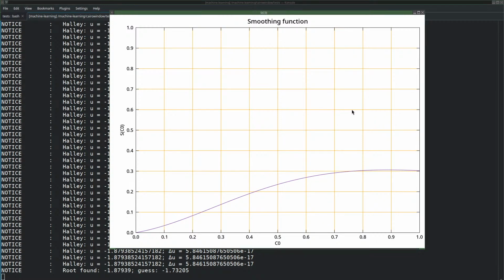Tja, what the fuck to do with this? It keeps looking like a cubic.